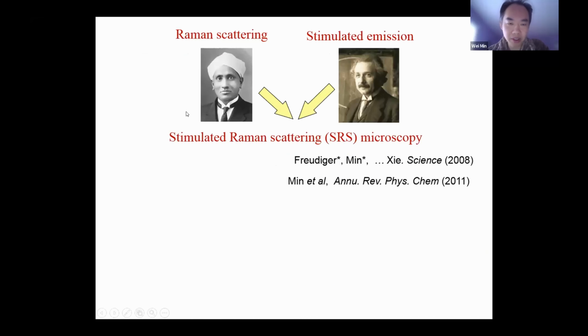So, a very quick introduction of what stimulated Raman is. This is actually a well established technique in the spectroscopy field. It's essentially a combination of Raman scattering with stimulated emission. It was discovered by physicists back in the 60s, but no one really thought about using it for imaging.